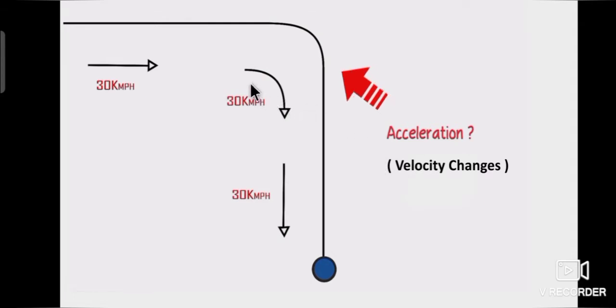Where does acceleration get involved? The object moves in a particular direction. At a certain point, the object changes direction and keeps moving. So the velocity changes.